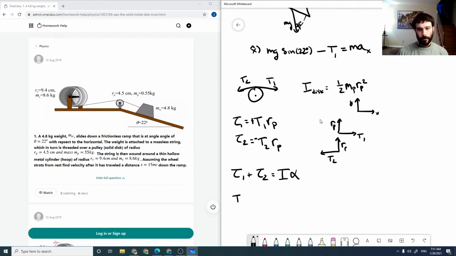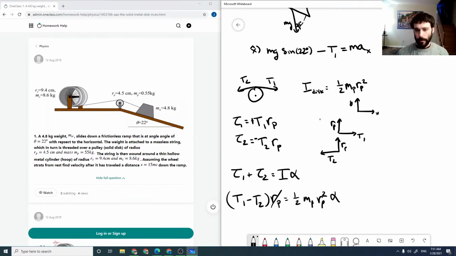So then we have T1 minus T2 RP is 1/2 MP RP squared alpha.